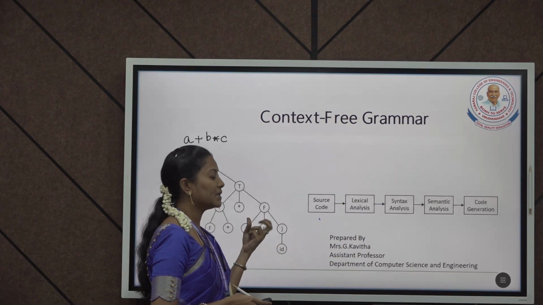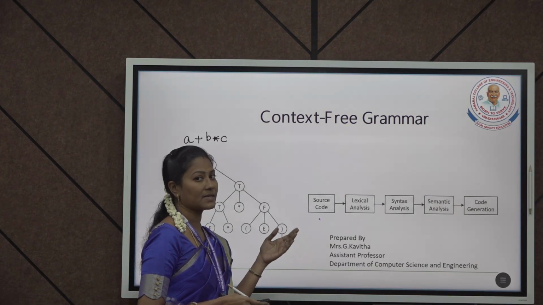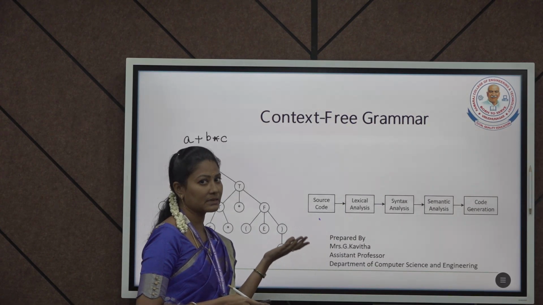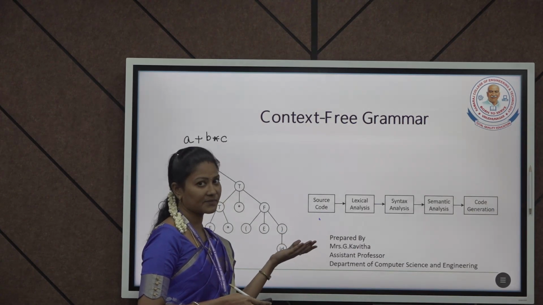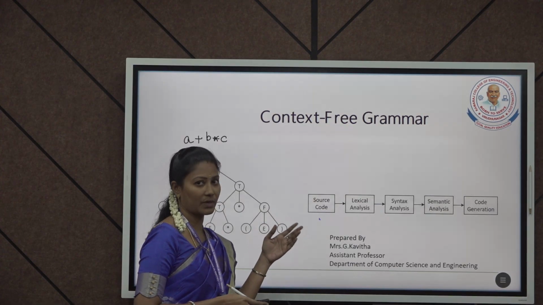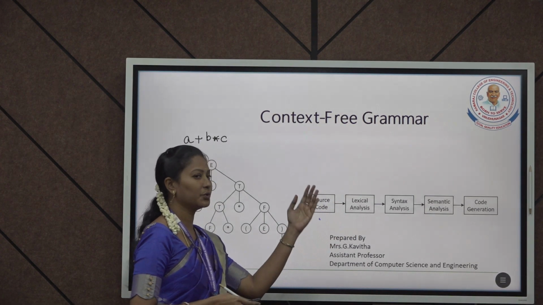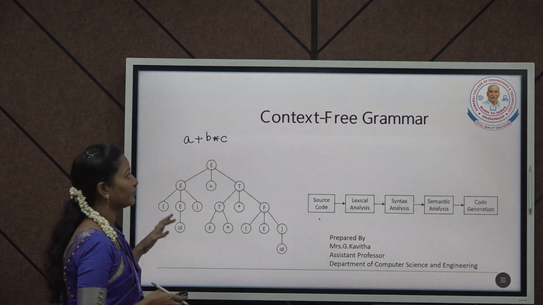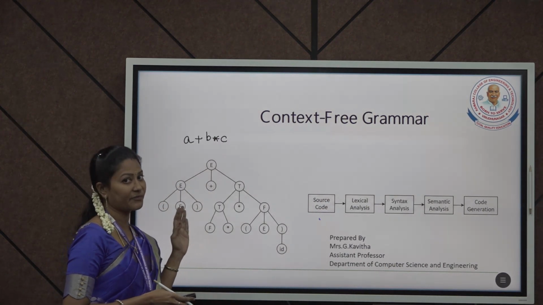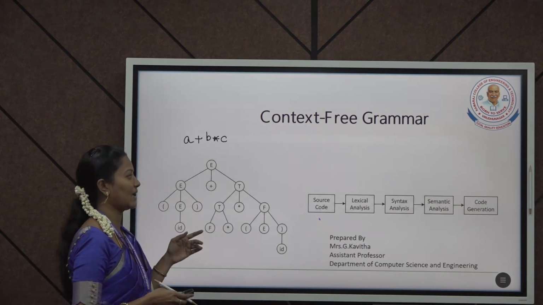Here, it will check the syntax of the programming language, and later a parse tree will be generated and passed as input to the semantic analysis phase. After checking the semantics, the intermediate code is generated, and further processing is carried out up to code generation. Today we are going to see context-free grammar, which describes the syntax of the programming language.